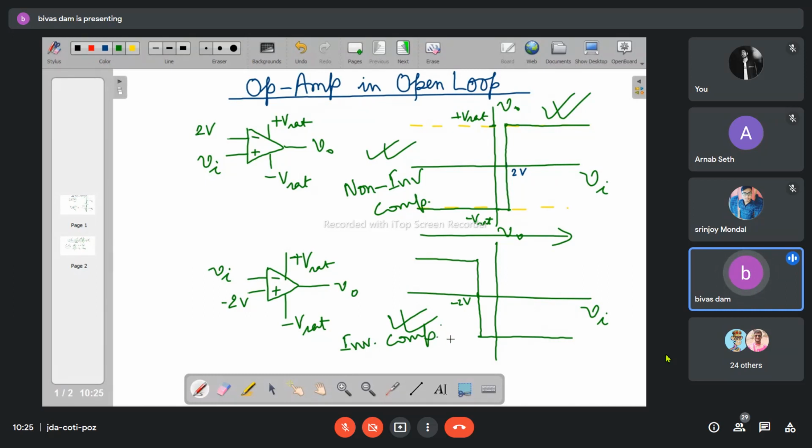In the case of a non-inverting comparator, we always find that in the increasing direction of the input, there will be one increasing step jump at the output. Whereas in the inverting type of comparators, we will always find that there will be one increasing step jump at the output along the decreasing input direction, or along the increasing direction of the input, there will be one decreasing step jump at the output.